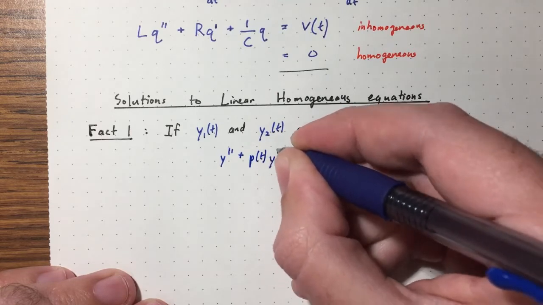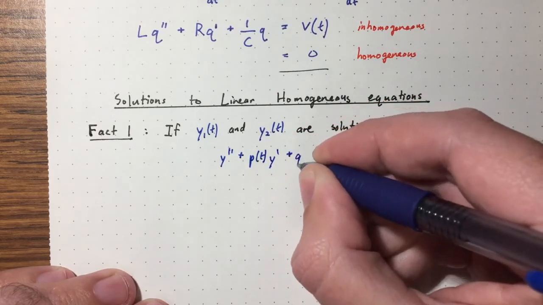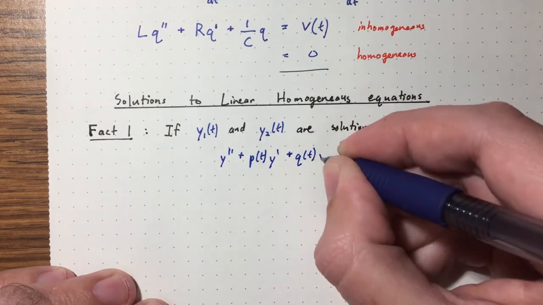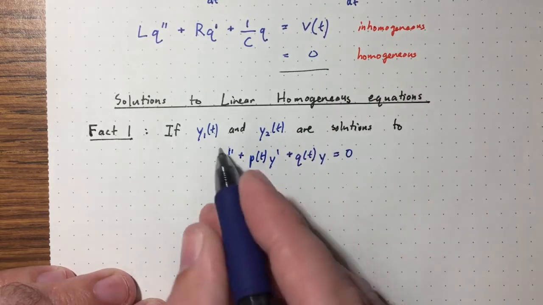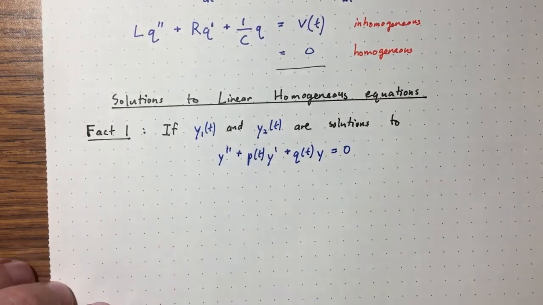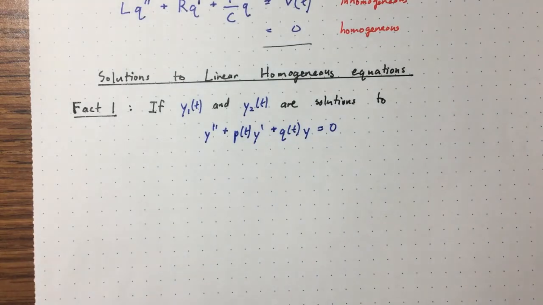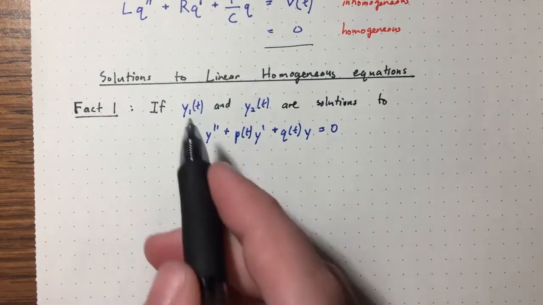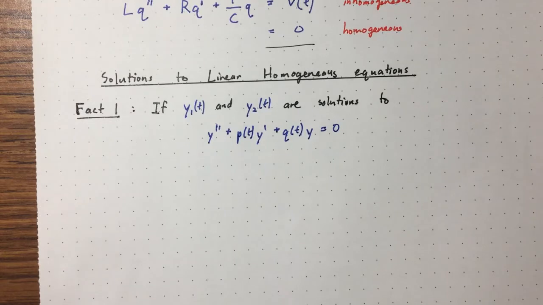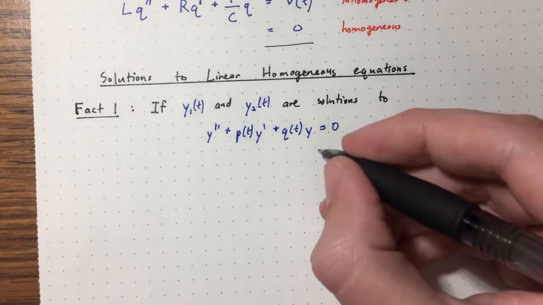Here I'm putting a second order differential equation because that's what we're going to be studying. But this actually works. You can basically use the same argument for any order that you want. You need more solutions, but yeah. So let's say these are solutions to this differential equation.